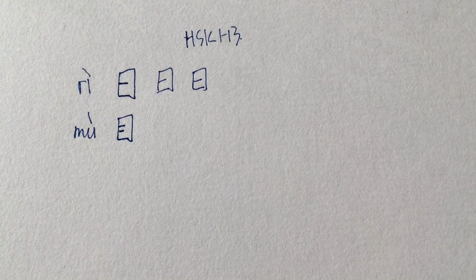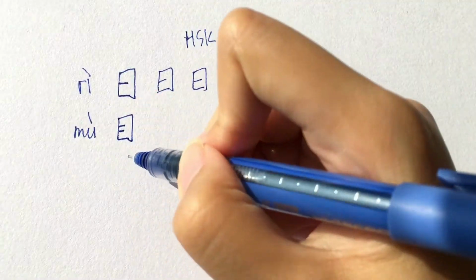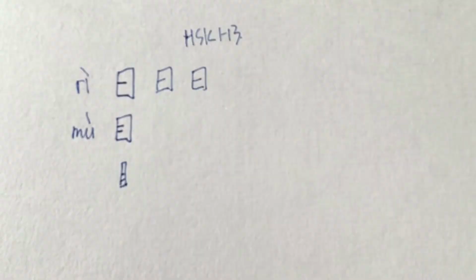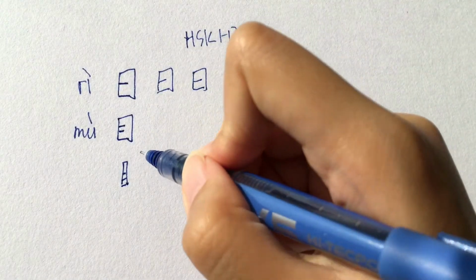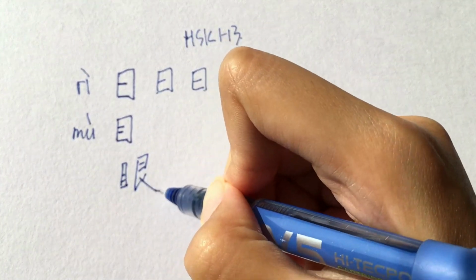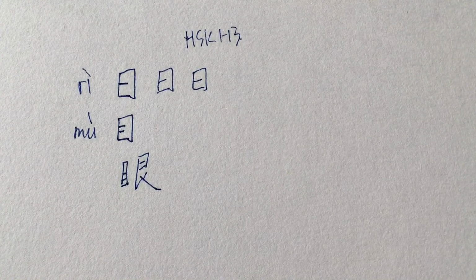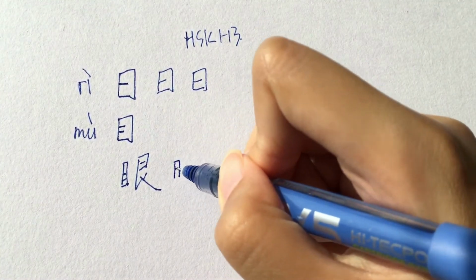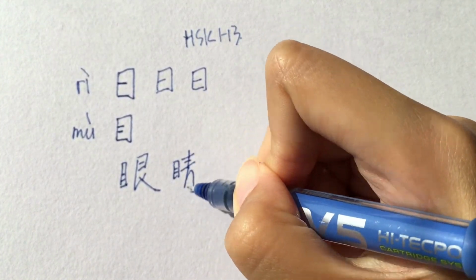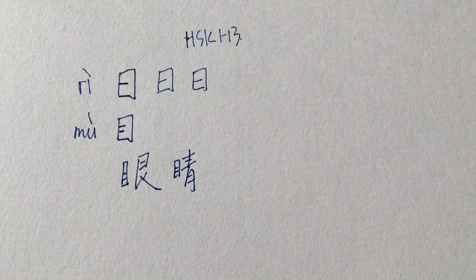this is 目, 目. So for example, if I want to write the word eye, first I have a radical 目, and then I write things on the left, or I say things on the right. So for this one, you don't have to know how to write it today, but I just want to make one example.